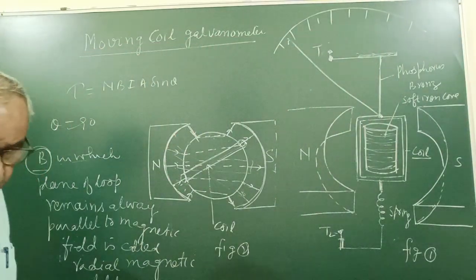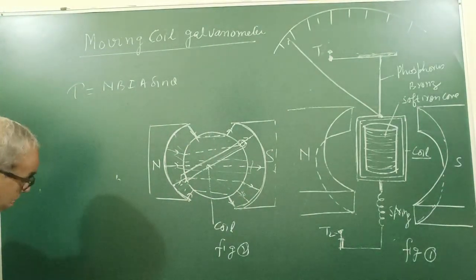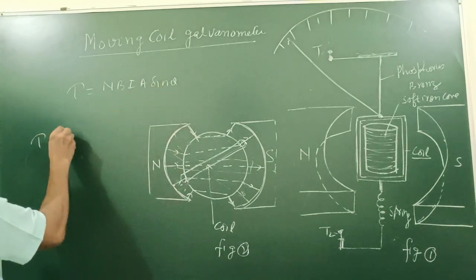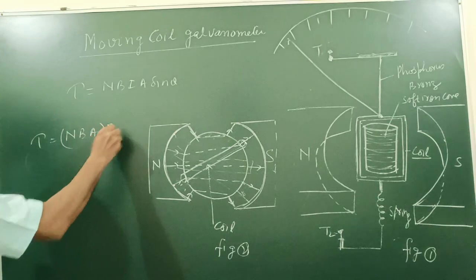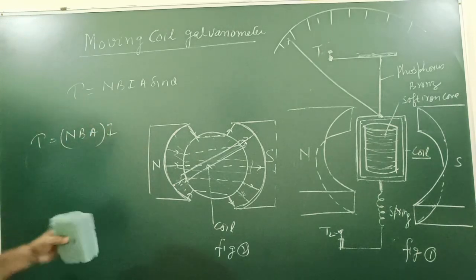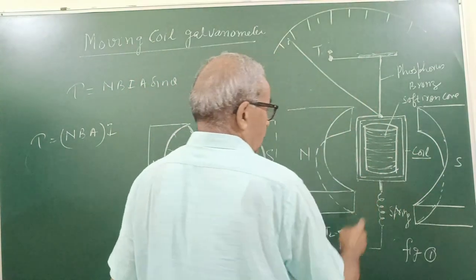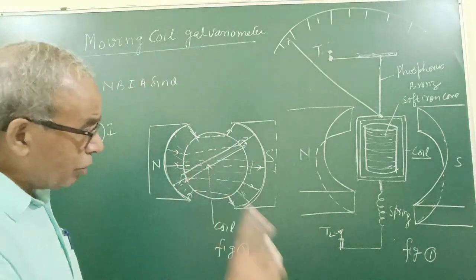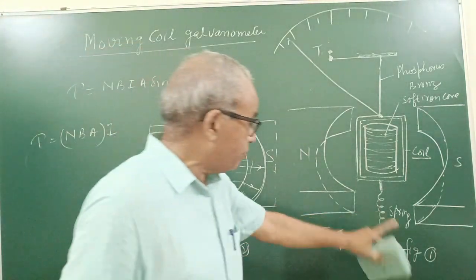The torque will be, with theta 90, NBIA. This torque rotates the coil, and due to the rotation of the coil, the spring connected here gets twisted.